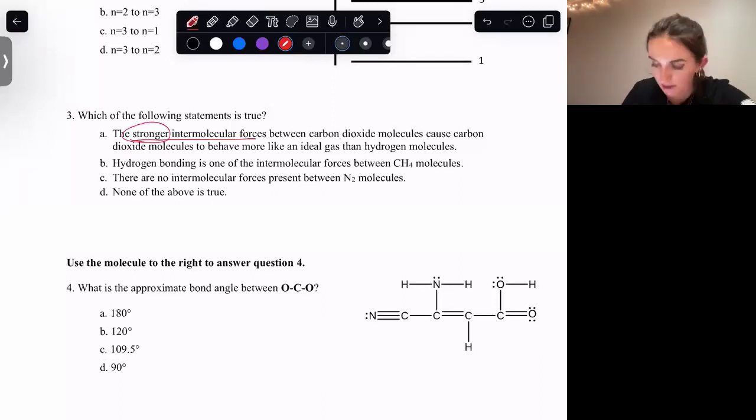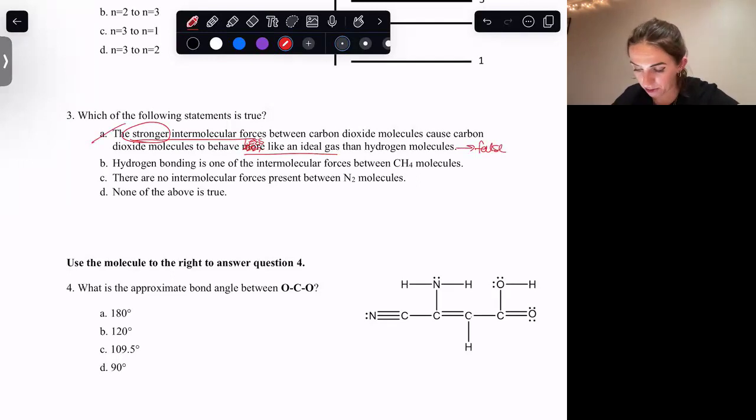So the stronger the IMFs, the more it should act like a solid or a liquid rather than a gas. So the statement that stronger intermolecular forces cause carbon dioxide to behave more like an ideal gas is false. It behaves less like an ideal gas. So A is not it.